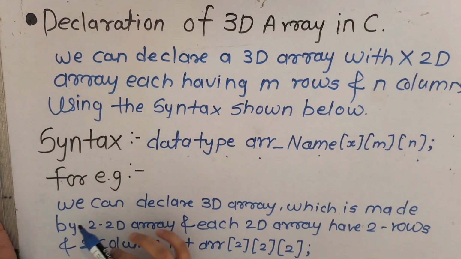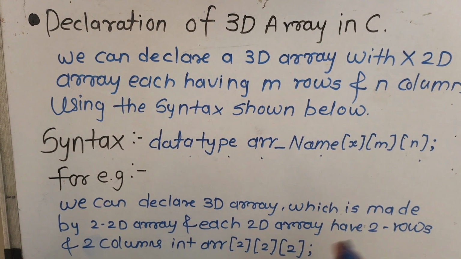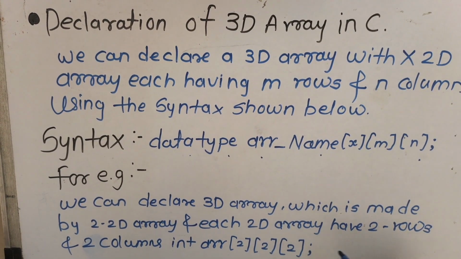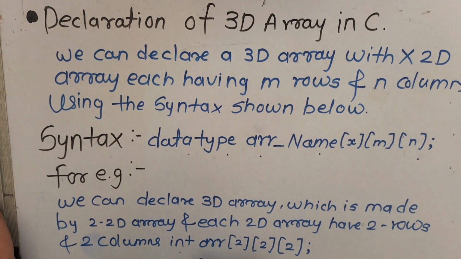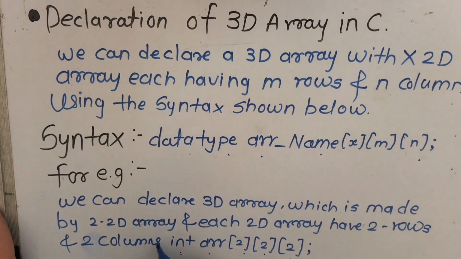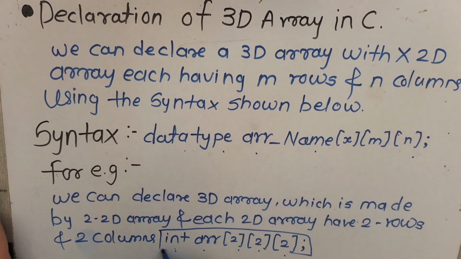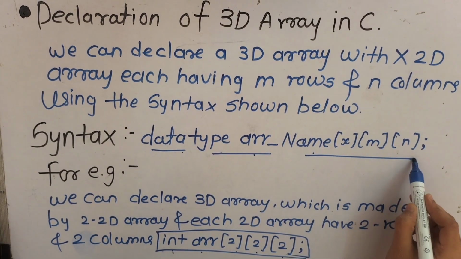For example, we can declare a 3D array made by two 2D arrays, and each 2D array has 2 rows and 2 columns, like int array[2][2][2].